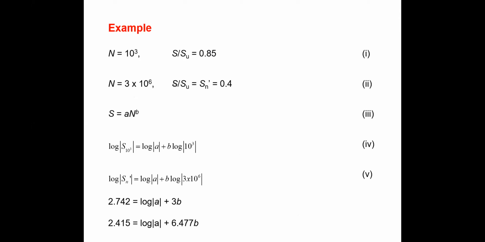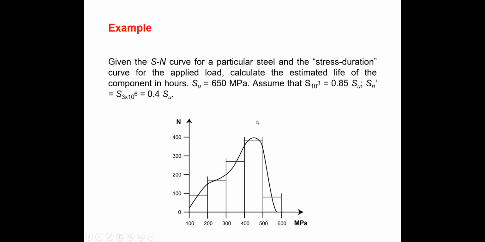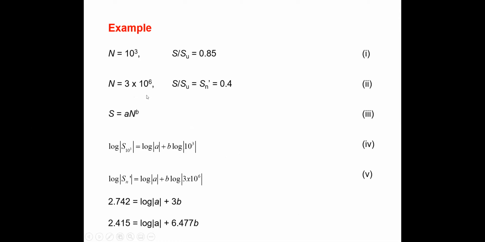Then in here they mentioned 3 times 10 to the power 6 cycles strength. So you can find out the 3 times 10 to the power 6 cycle strength SN prime using this ratio. Okay.